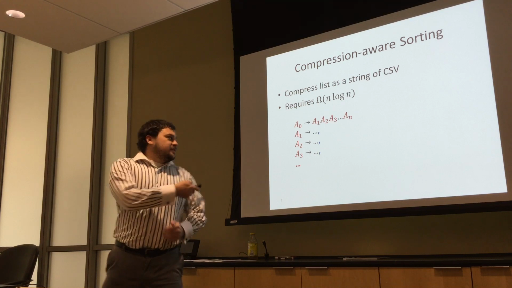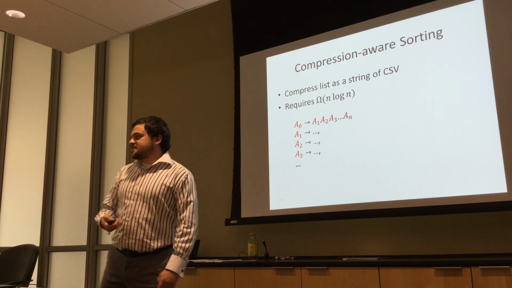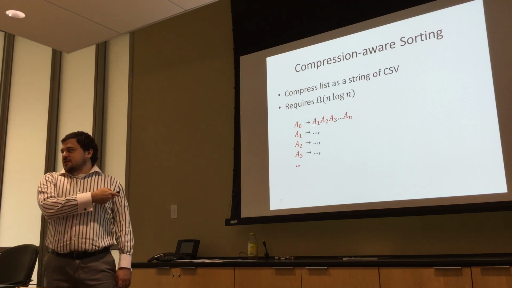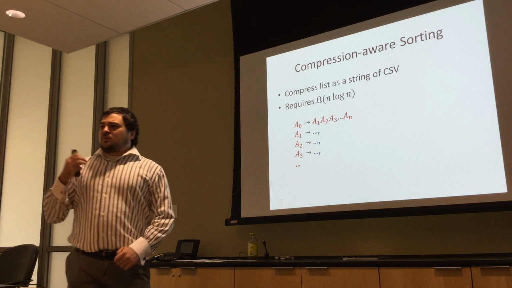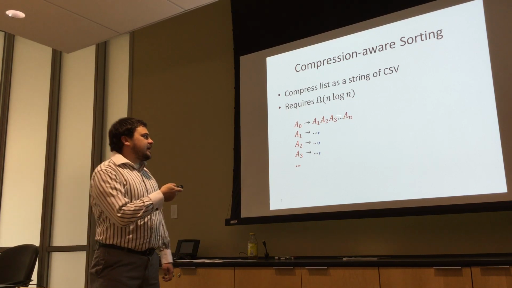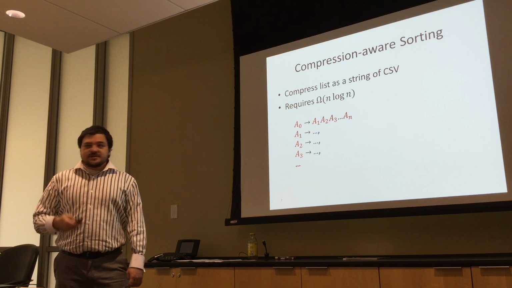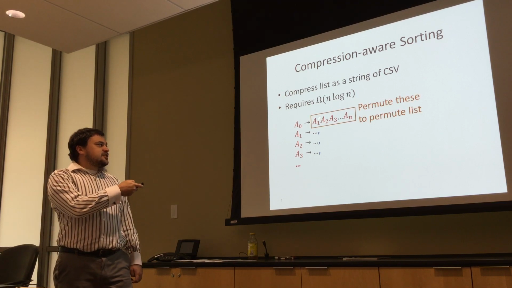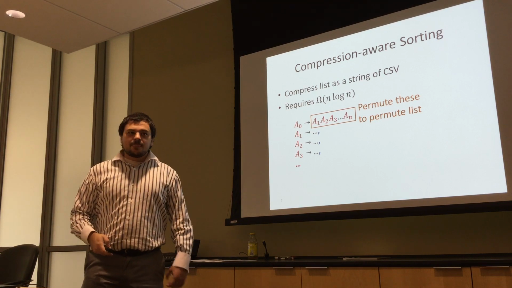So consider, for example, this structure of a compression for this list. A0 is our start variable here, and A1 through AN will be variables representing exactly one term in the list. So this list will have n terms in it. This means that I can permute this list by changing the order of the variables as they appear in that first production rule.